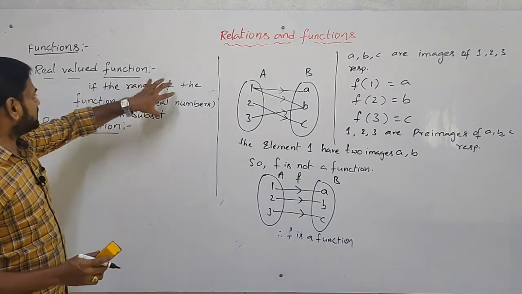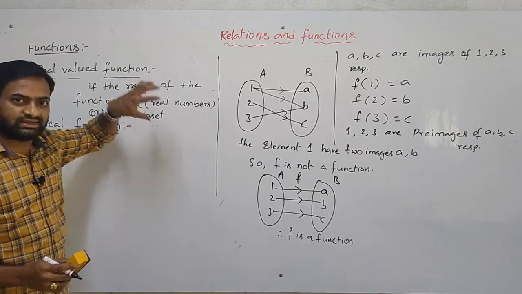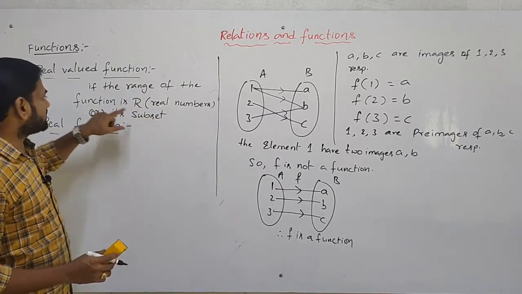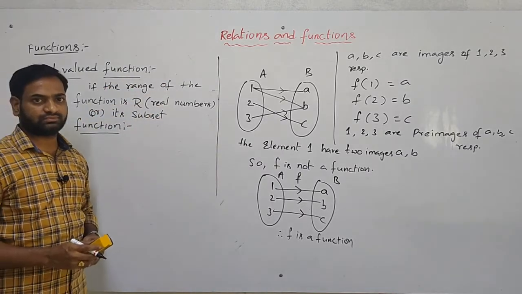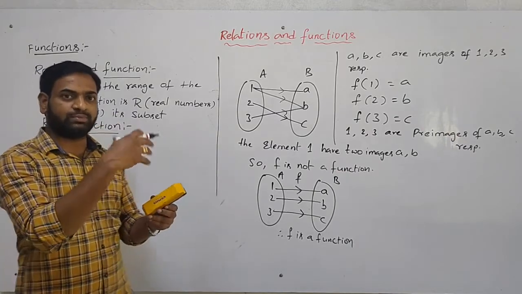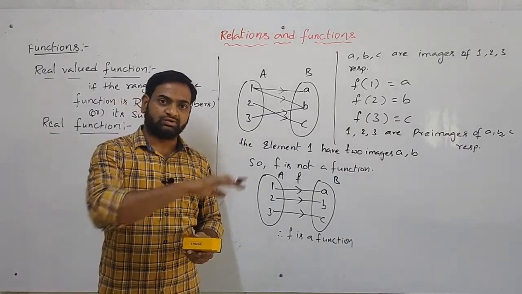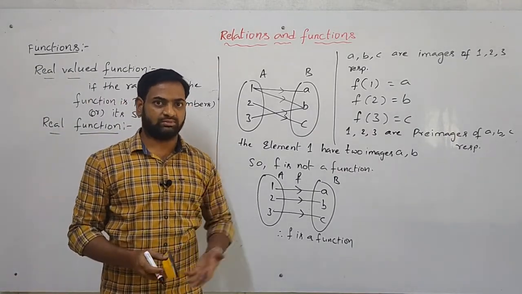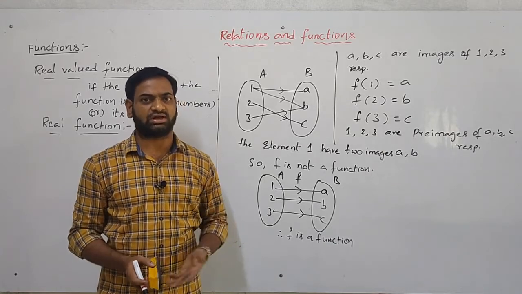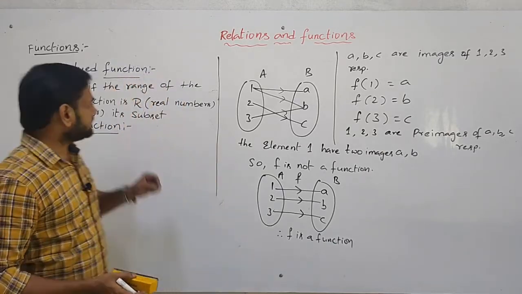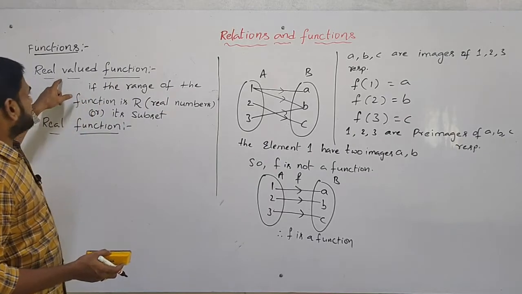If the range of the function is either real numbers or a subset of real numbers, that means natural numbers, integers or the like, then we can say that the function is a real valued function.